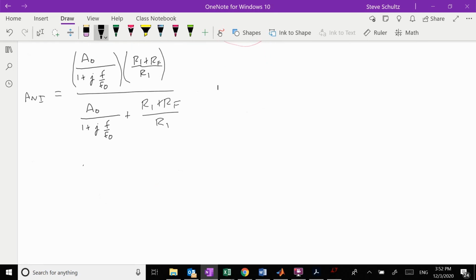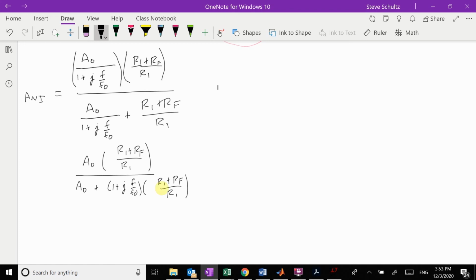So then we are left with A0 times (R1 plus RF) over R1, all divided by A0 plus (1 plus jf over f naught) times (R1 plus RF) over R1.